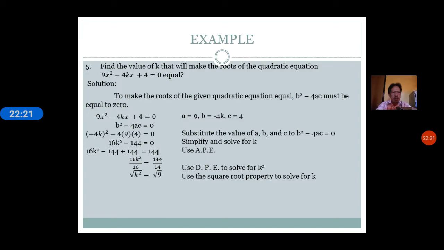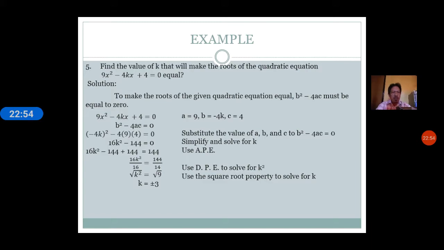After dividing, the result is k squared is equal to 9, and to solve for the value of k, we have to take the square root of both sides of the equation, using the square root property. After taking the square root of both sides, we have k is equal to positive and negative 3.